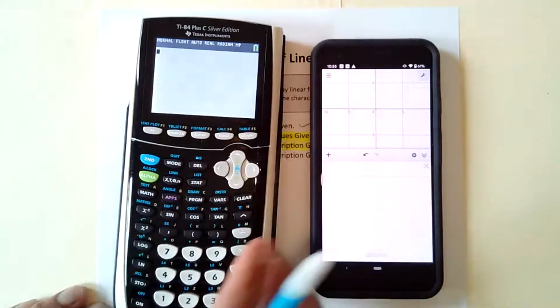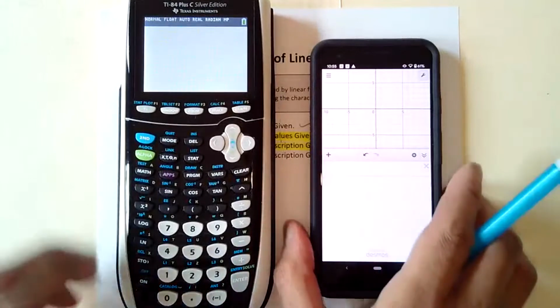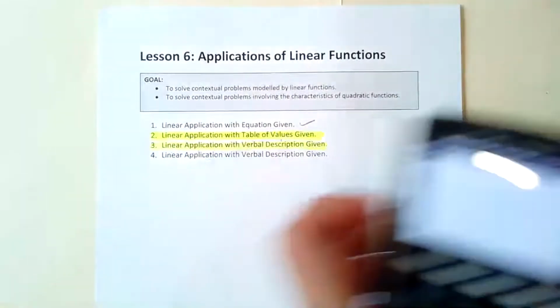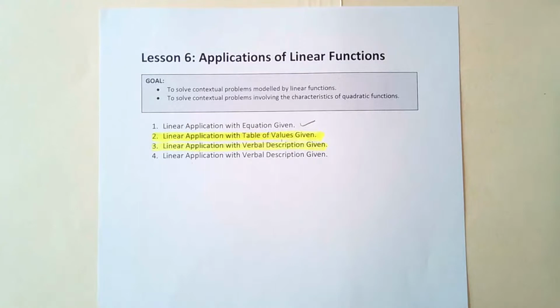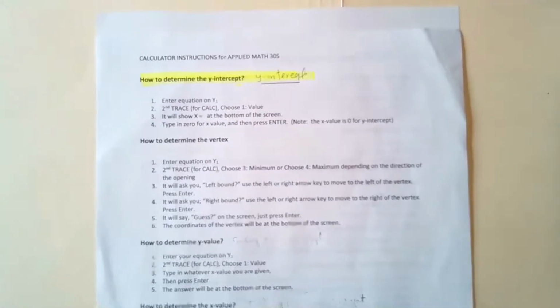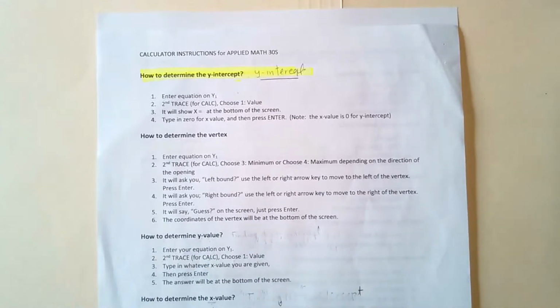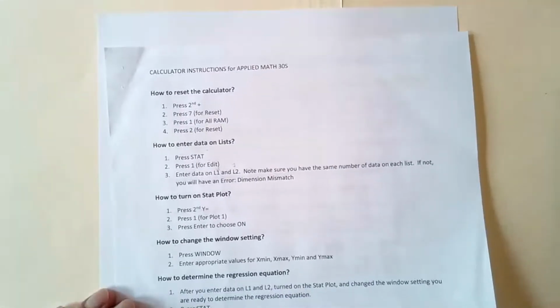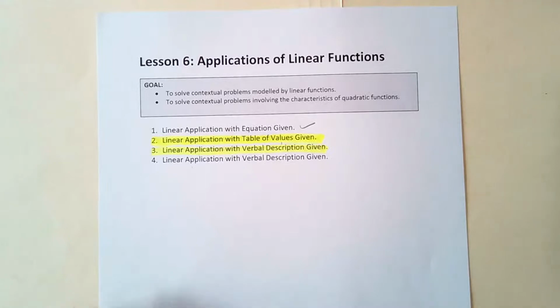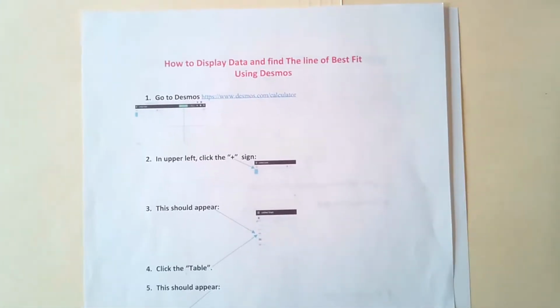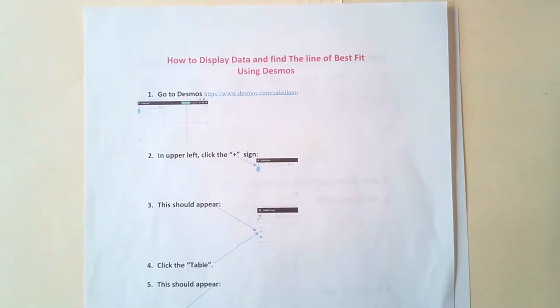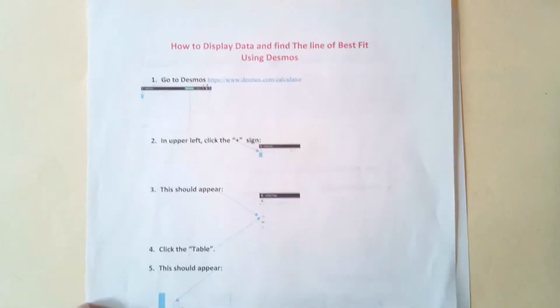It doesn't matter with Desmos, but you'll need these two. Also, you may want to keep handy your instruction sheet on how to use a graphing calculator. There are two sides to it. Or you may want to also look at how to display data and find the line of best fit using Desmos.